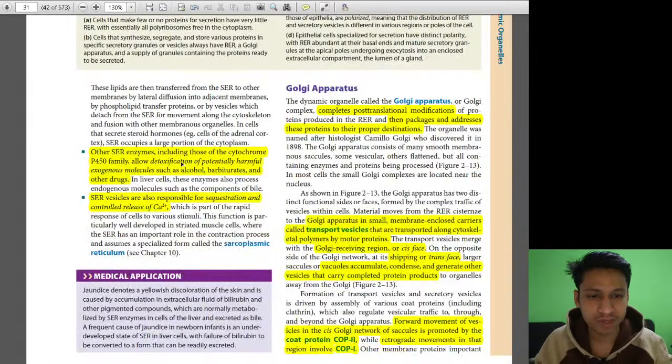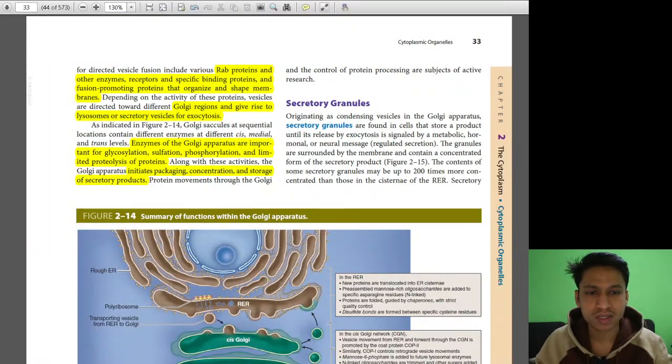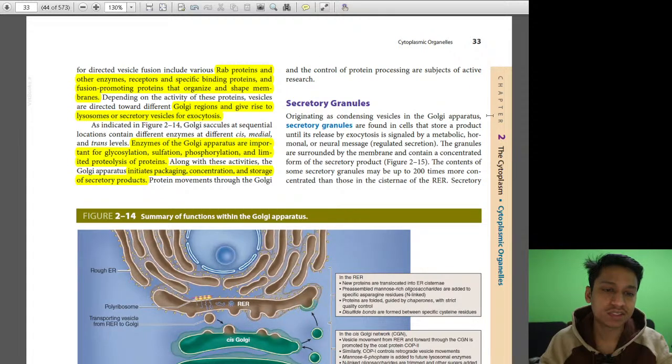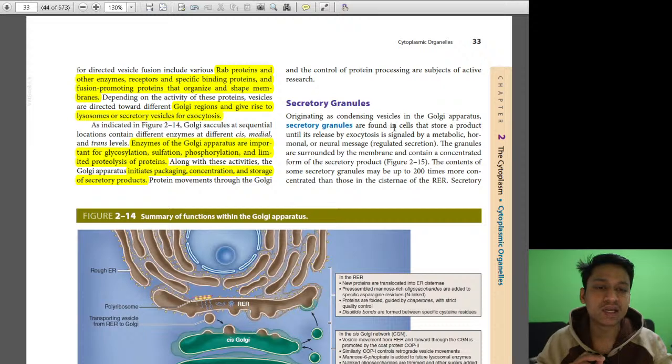All right, we are done with the Golgi apparatus. Let's get into secretory granules. Originating as condensing vesicles in the Golgi apparatus, secretory granules are found in the cells that store a product until it's released by exocytosis. It is signaled by a metabolic, hormonal, or neural message, which is a regulated secretion.